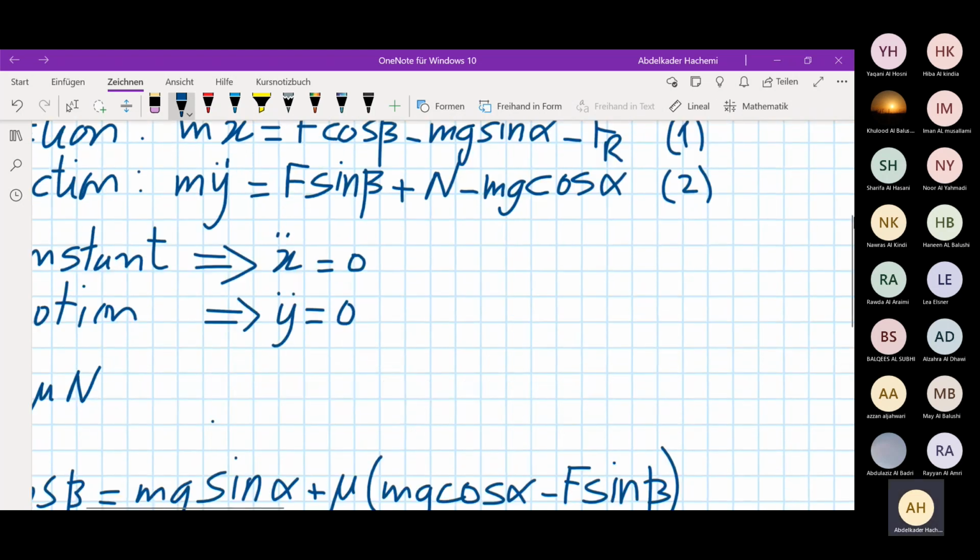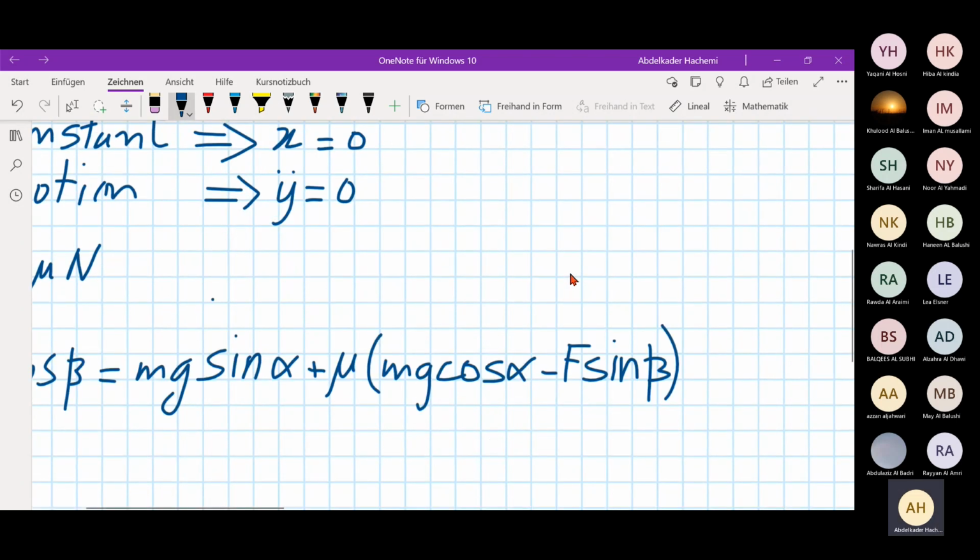We have only to replace. That means, for the first question, is to determine the force F, let's say the driving force.